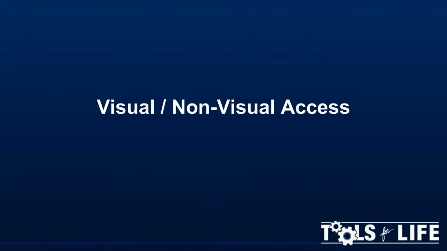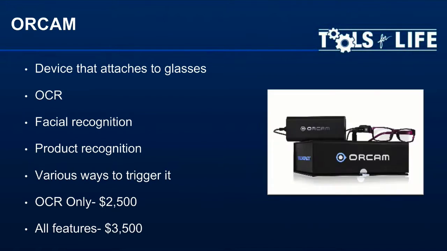Okay, so I'm going to jump in for visual and non-visual access. This is an area where I spend a lot of my time because these are a lot of solutions that I have used throughout the years and continue to use now. So on the high end of some of these options, we do have a device called the OrCam. OrCam is a small camera. It attaches to your glasses, and it does OCR, optical character recognition.